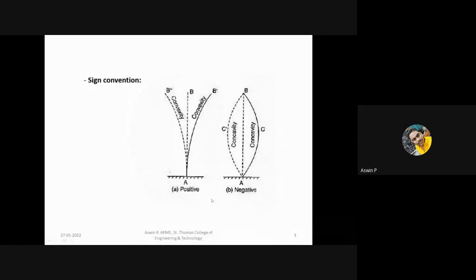Please note down the sign convention. If from the axis the bulge is outward, that is convex type, that is positive. If from the axis the bulge is concave, that is known as concavity, that is negative. Please draw it down.